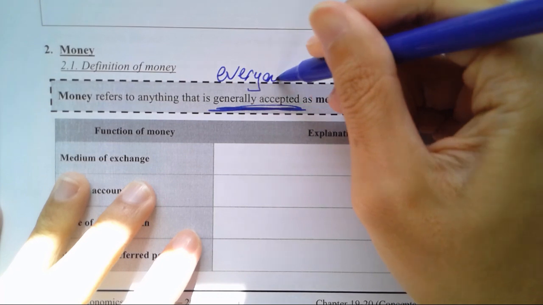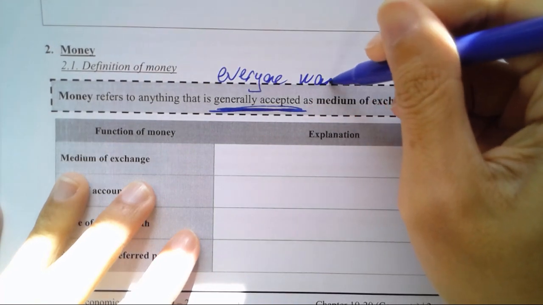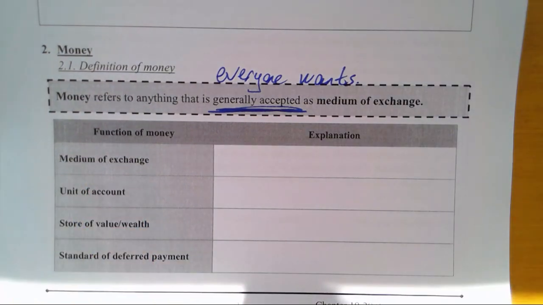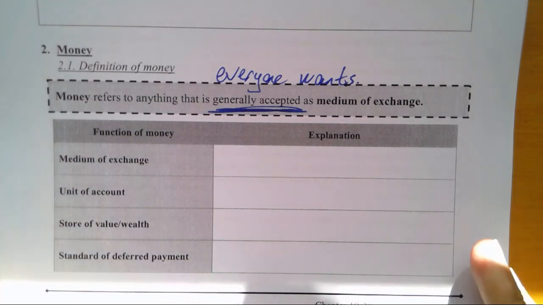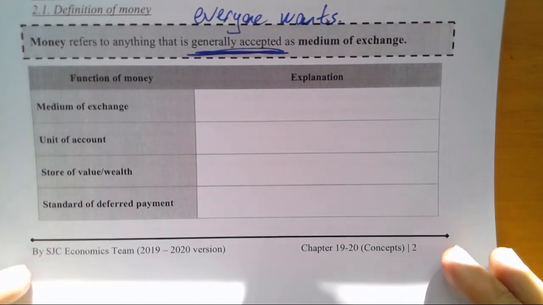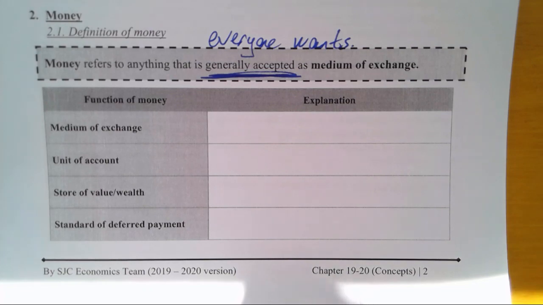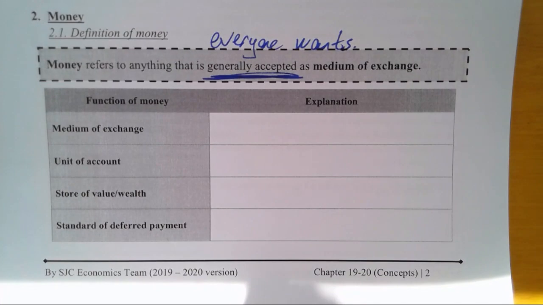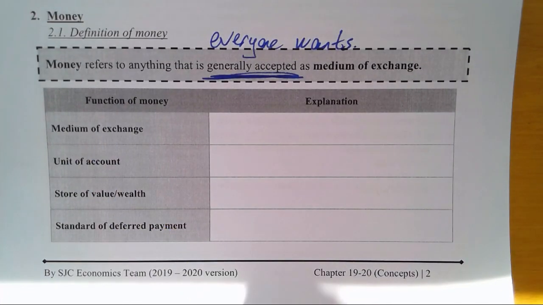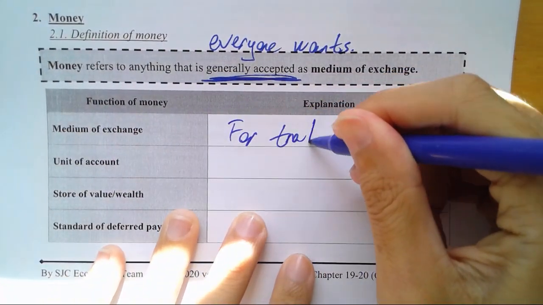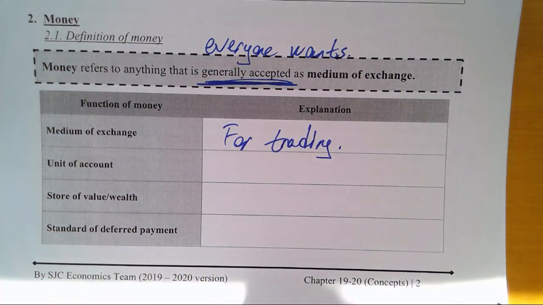Okay, basically means everyone wants. 個個都想要嘅，好嘛？嗱 remember, as a money, there are 4 functions of money that you must all satisfy in order to be a money. Okay, now the first one we call medium of exchange. Okay, basically for trading, we accept money to trade something.